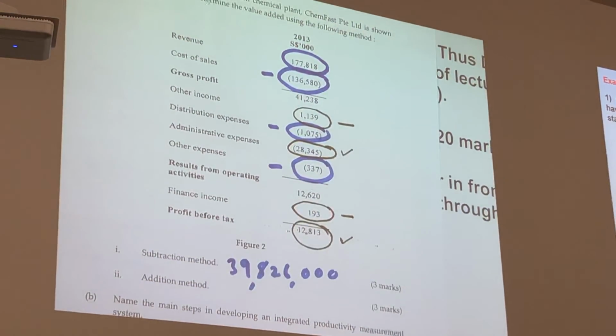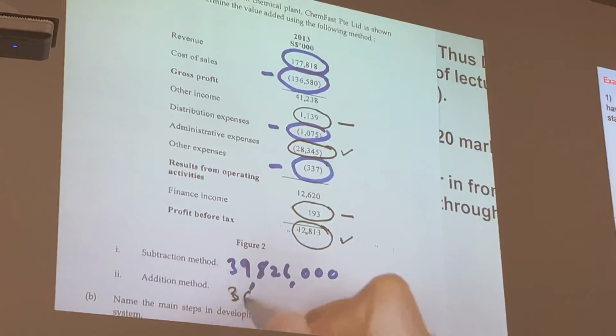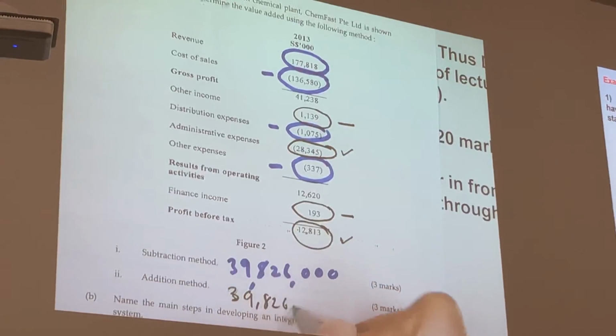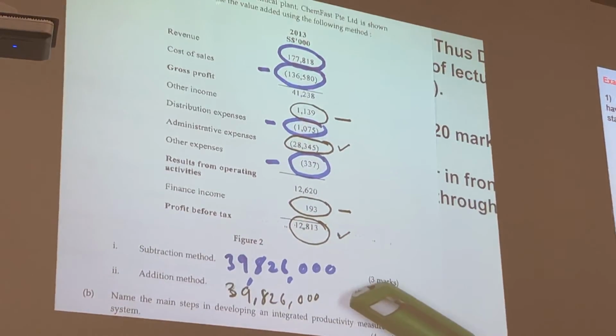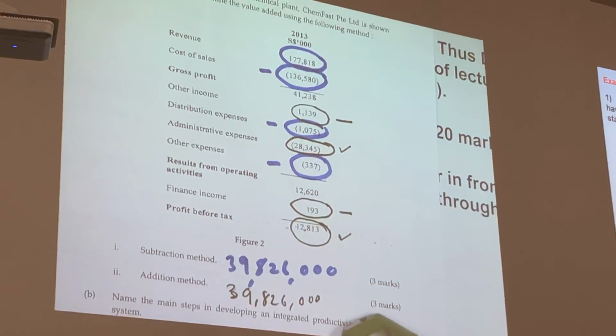And what do you get, guys? 39,826,000. Are they the same? They should be the same, because the first part is calculating the wealth generated. The second part is adding back what you do with your wealth generated. It should add up to the original one, am I right? There you go.